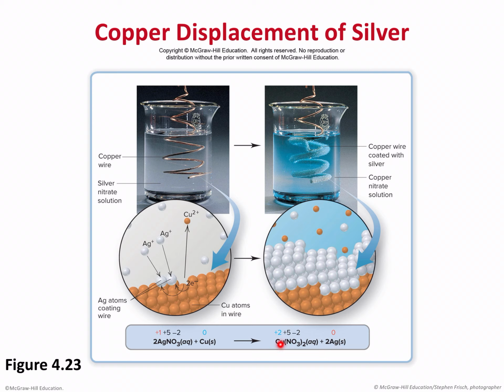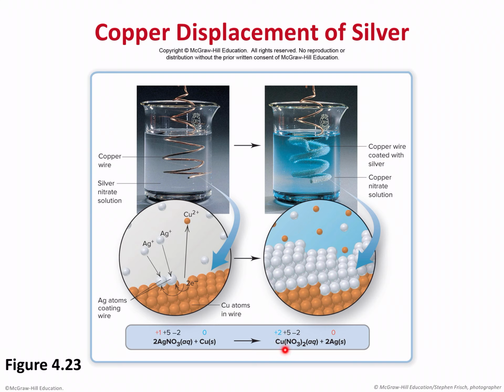Copper ions again are going to be +2 in copper nitrate, nitrogen going to be +5 and oxygen -2. Silver ions, now they have been formed as elemental silver, that will make it 0. So silver is +1 to 0. That is, the oxidation number decreases, which is a reduction, and copper going from 0 to +2, that is an oxidation for the copper.